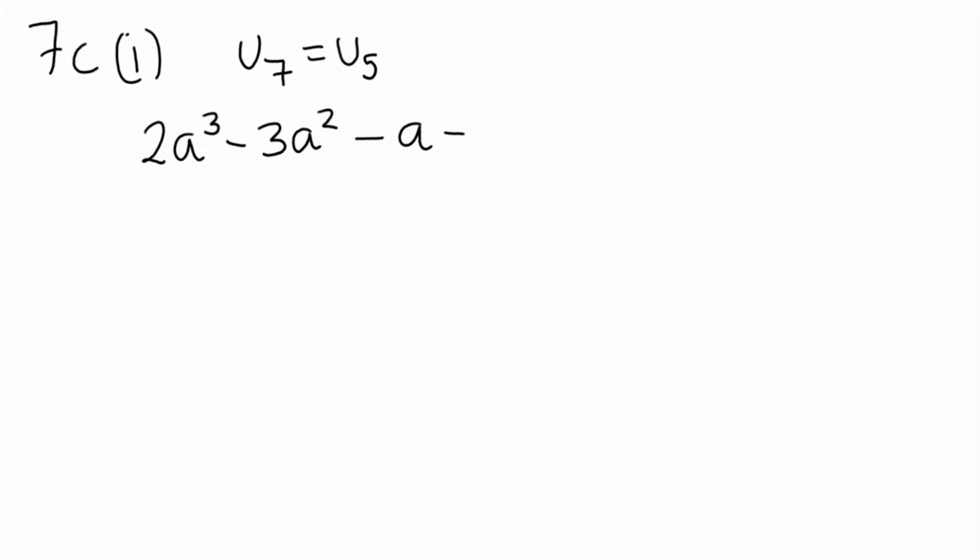Okay, this is 7c part 1. You're told that u7 equals u5, and you're also told that a limit exists. So all we do is put our answer to u7 from the previous part equal to our u5 answer. Bring everything to the left hand side.